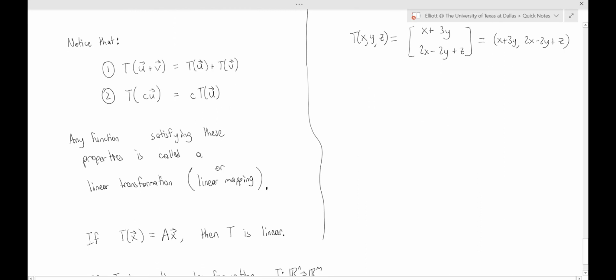If we want to work backwards now, and we want to find the matrix of this transformation, i.e. we're looking for the matrix A such that T of x is Ax.